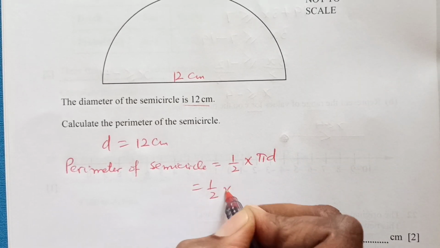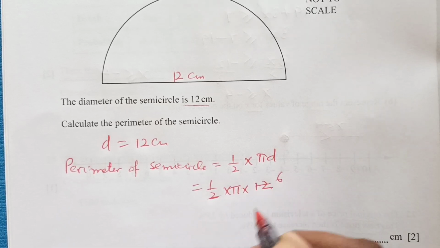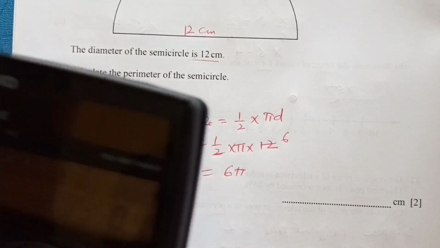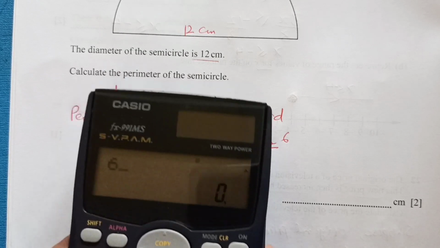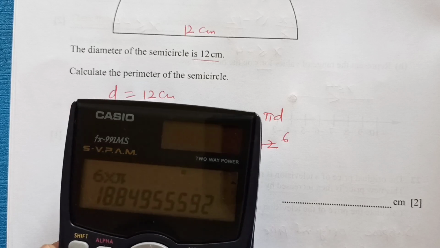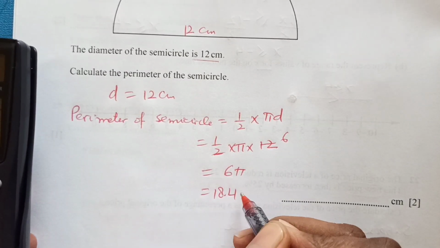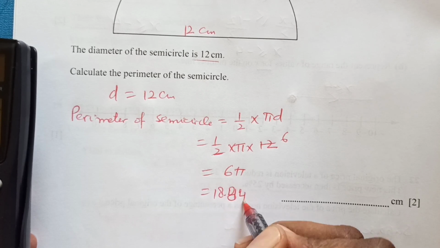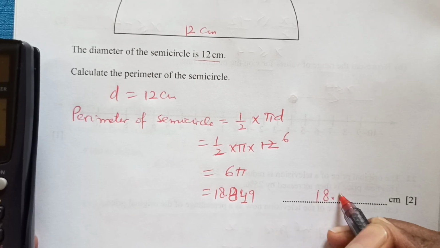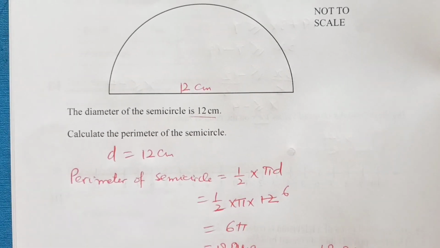So half times pi times d, where d is 12, so 2 times 6, it is 6 pi. When you calculate this on the calculator, 6 times pi is equal to 18.849. So you can round it. It can be written as 18.85. So that's question number 23.